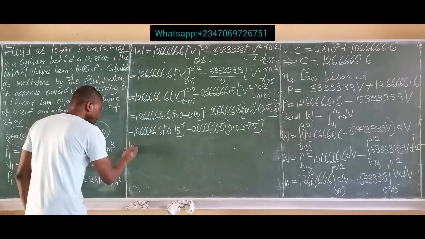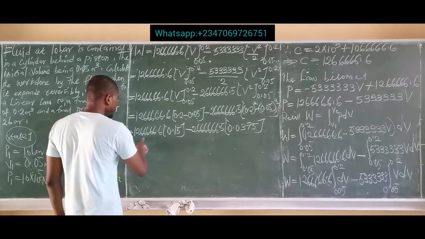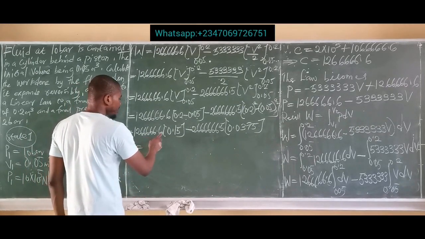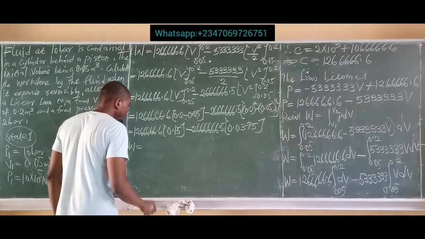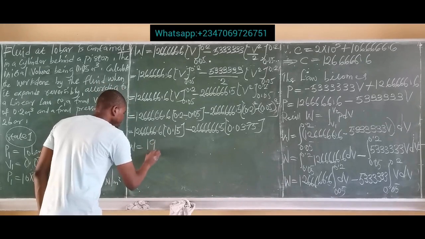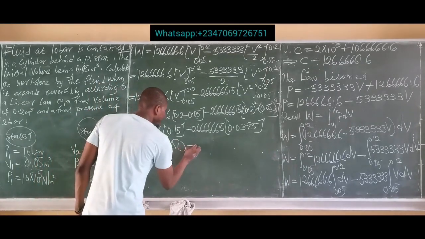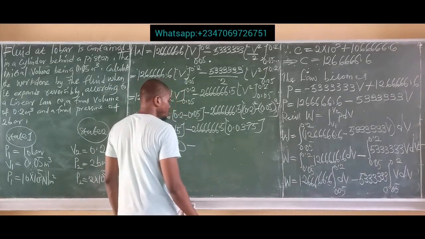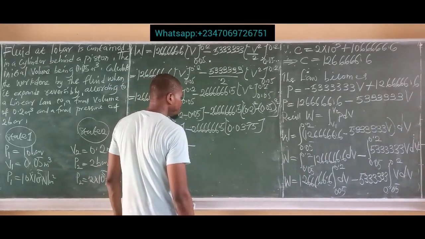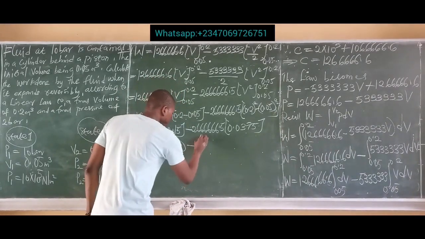So work done is equal to, let's now obtain 12666.6 multiply 0.15. That gives us approximately 190,000, okay, minus, let's now obtain 666.5 multiply 0.0375.